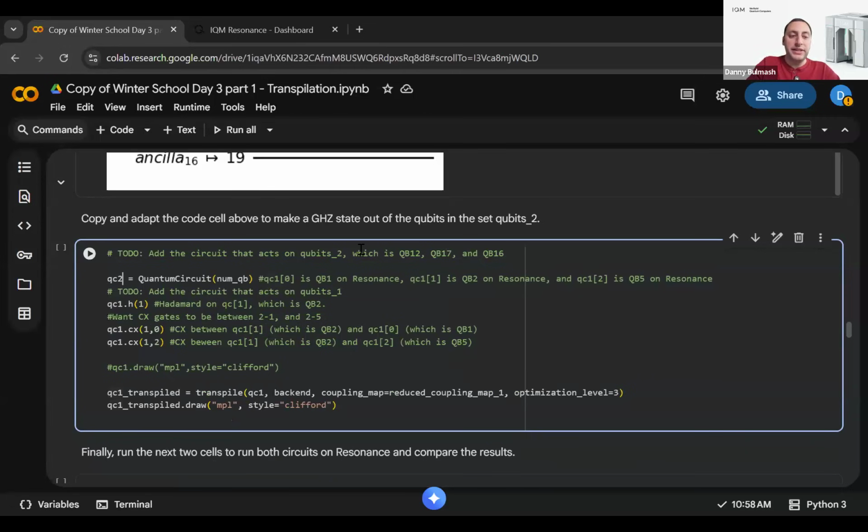So now we want to make a different quantum circuit. The idea here is that the qubits are now going to correspond to the 3 that we chose in the set qubits 2. So instead of qubits 1, 2, and 5, we now have qubits 12, 17, and 16.